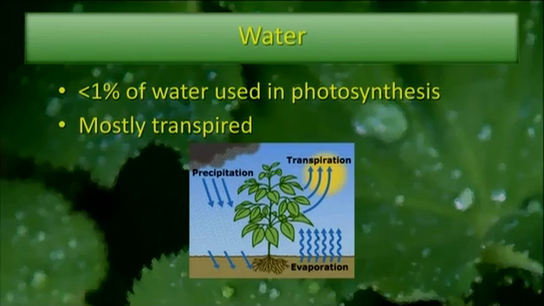So you have some evaporation and a lot of transpiration. Transpiration has a lot to do with the global cycling of water. So transpiration is necessary, even though you might think, wow, only 1% of the water that the plant takes up, or less than that, is actually used in photosynthesis. But transpiration is important.